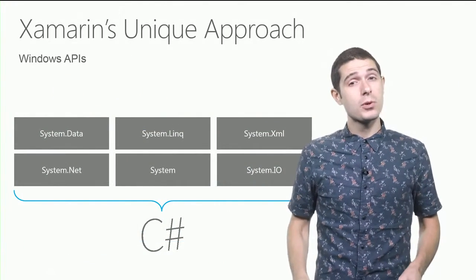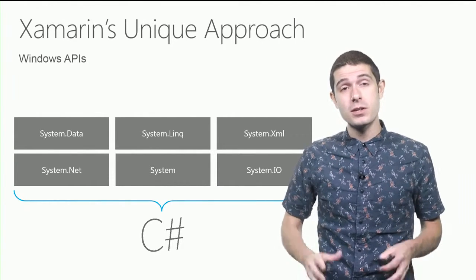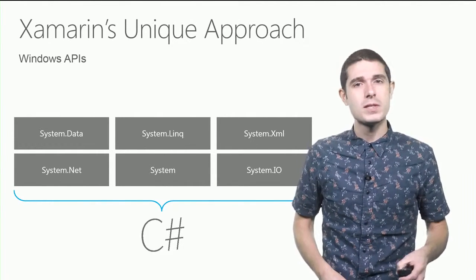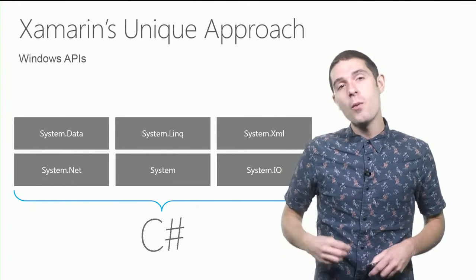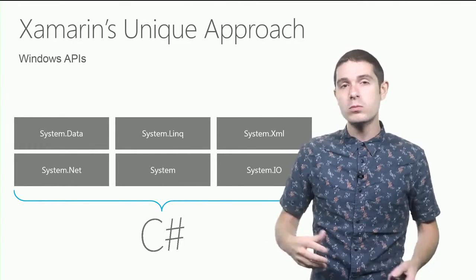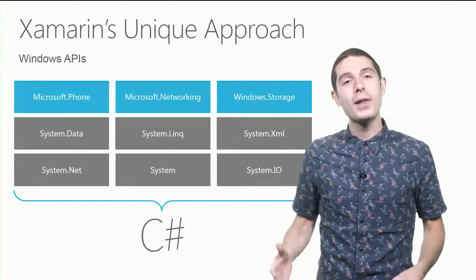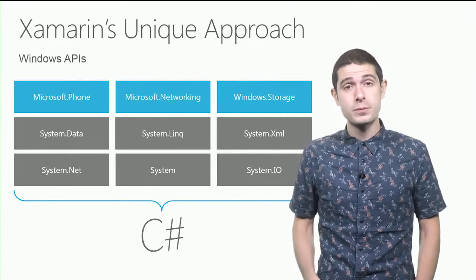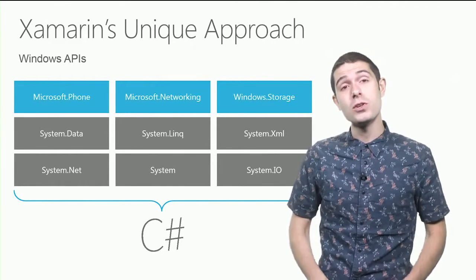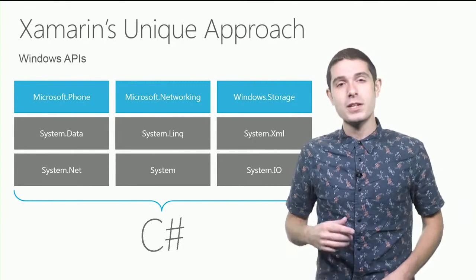Now, if you're a Windows developer today, the .NET libraries are going to look very familiar to you. System data, LINQ, XML, things that we know and love as .NET developers. When you go to a new Windows platform, phone, store, desktop, you get some platform-specific APIs to mess around with, like phone or storage. You can think of it the same when you use Xamarin to build out iOS and Android apps.